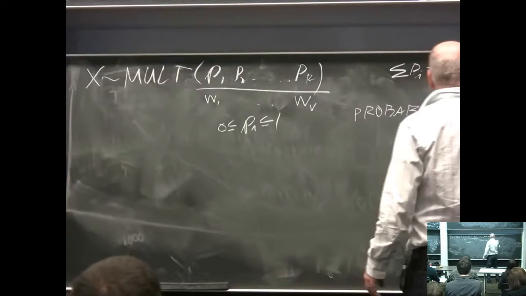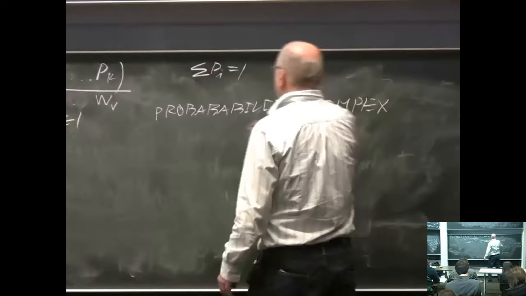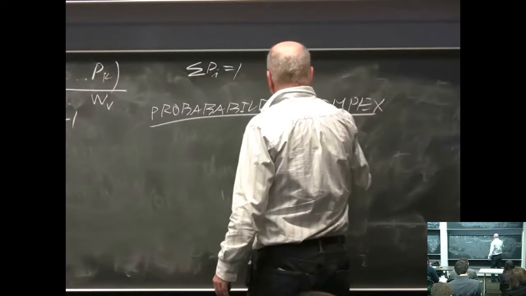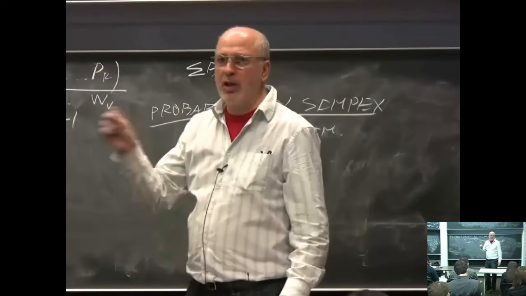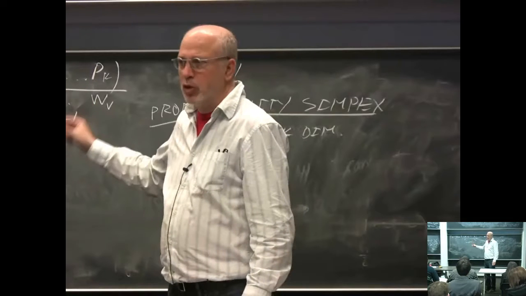The probability simplex in k dimensions is the set of all points in k-dimensional Cartesian space that correspond to a bona fide probability distribution.